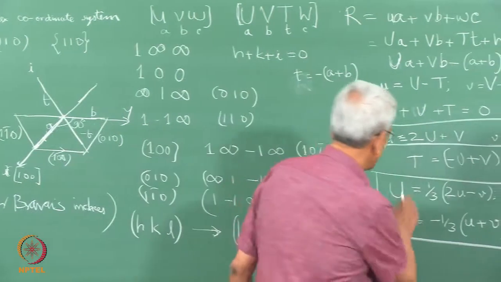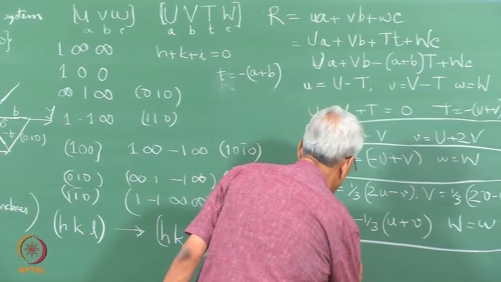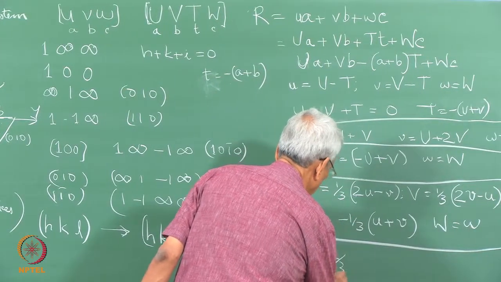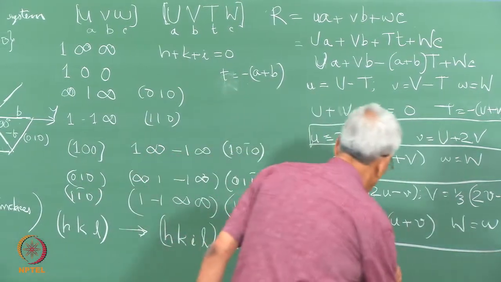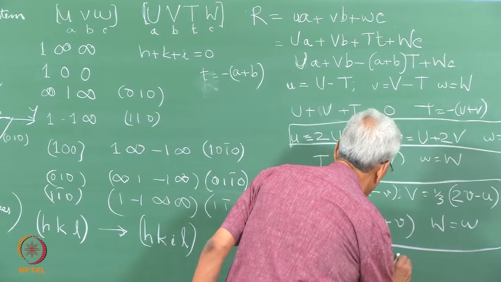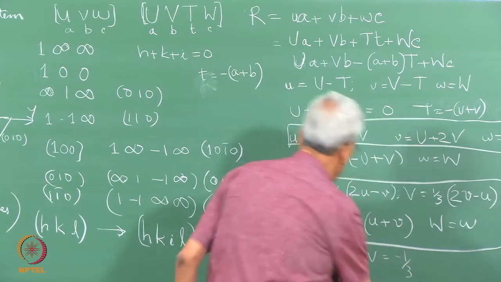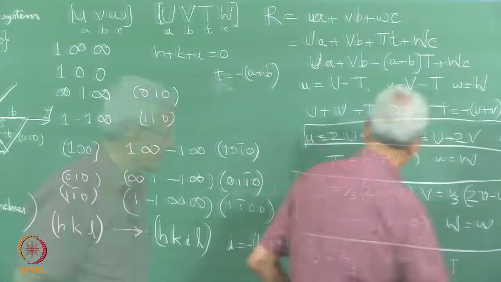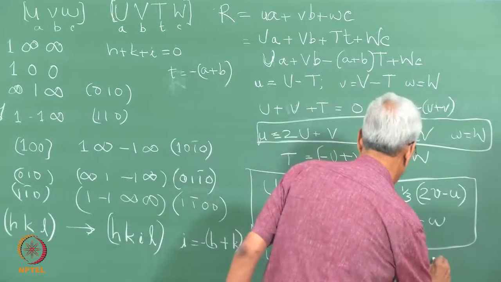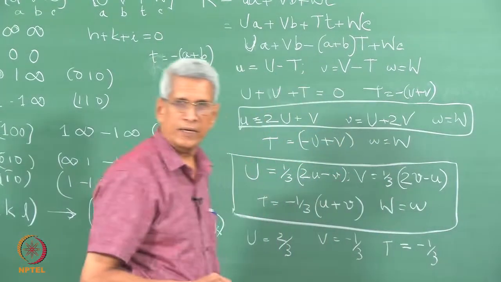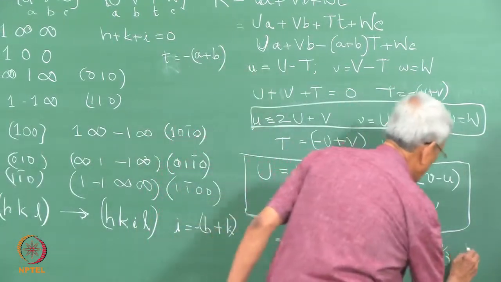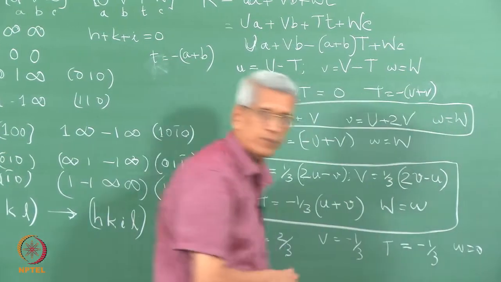So u will turn out to be 2 by 3 in this case, correct. V will turn out to be minus 1 by 3, T will turn out to be minus 1 by 3, and W will turn out to be 0.